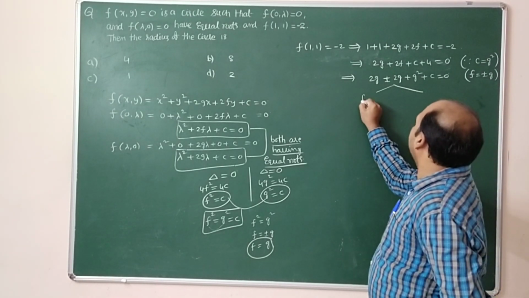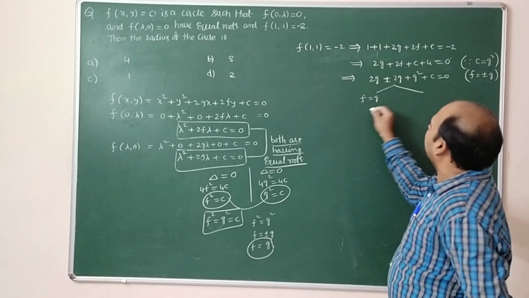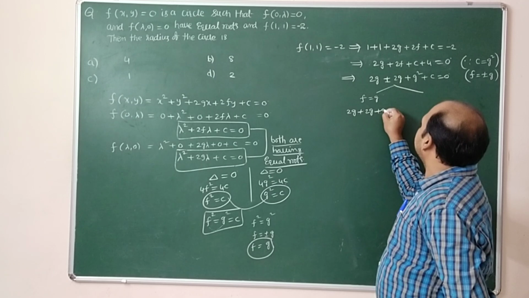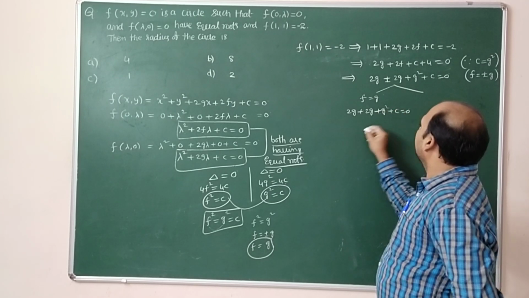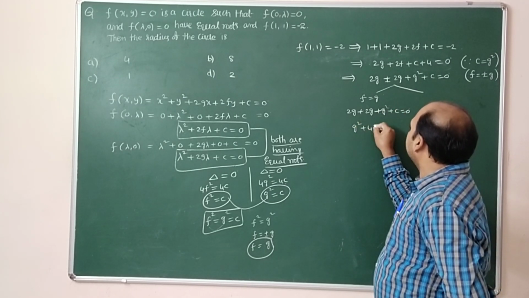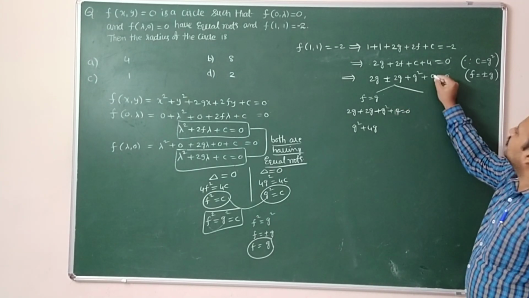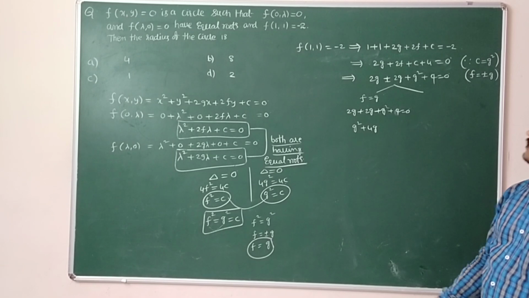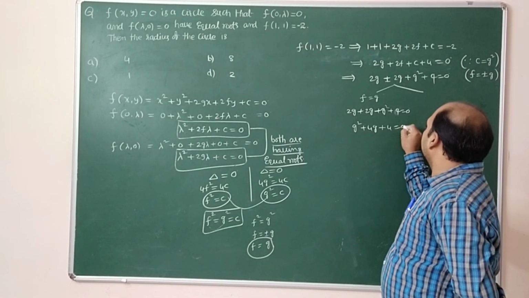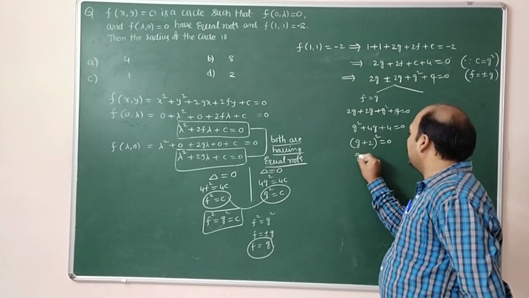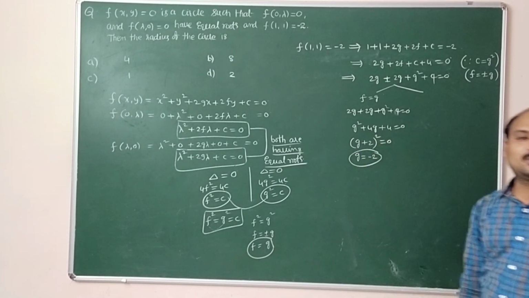If you consider f = +g, then 2g + 2g + g² + 4 = 0. So g² + 4g + 4 = 0, which is (g + 2)² = 0 only. So g = -2.